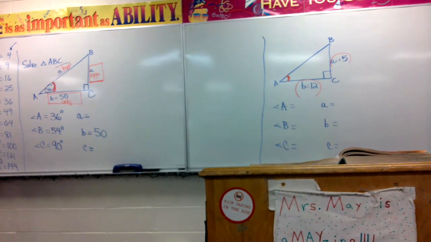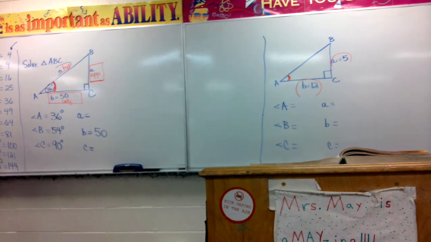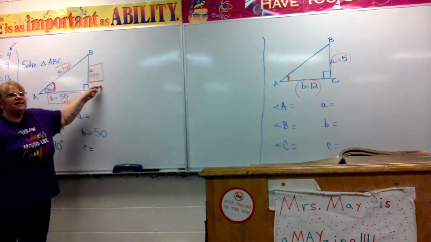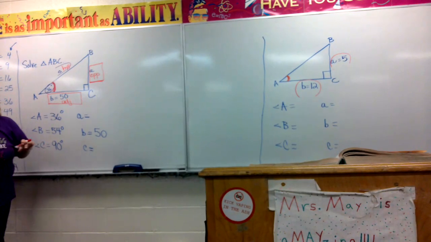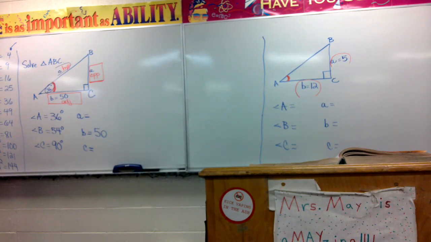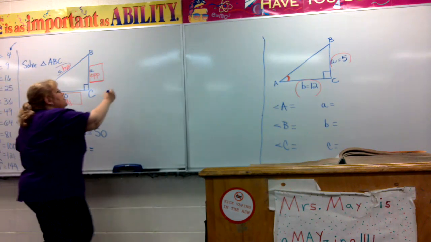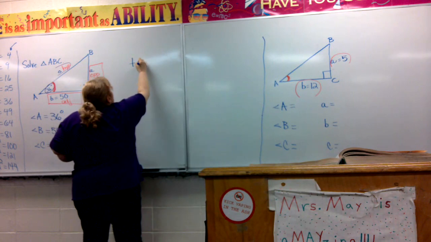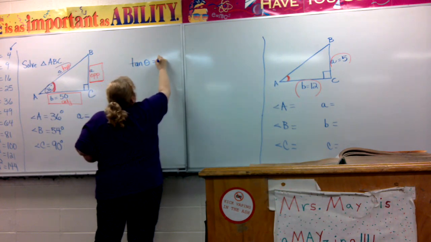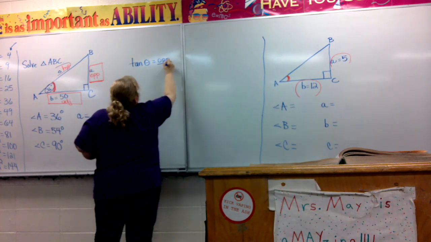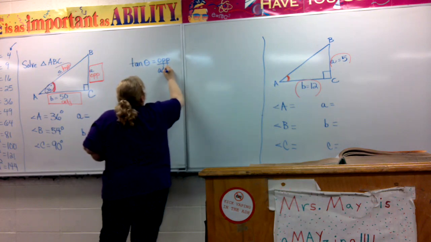What function do you think I should use if I'm looking for opposite and I want to find adjacent? Tangent. So the tangent of any angle is opposite over adjacent.